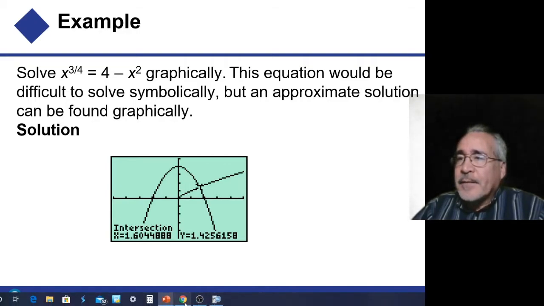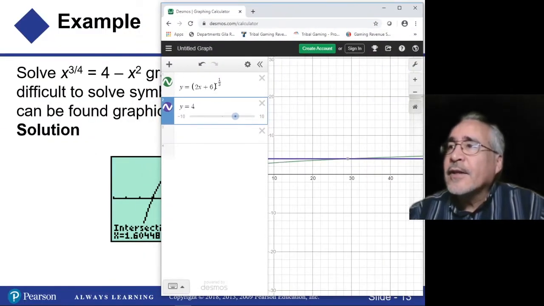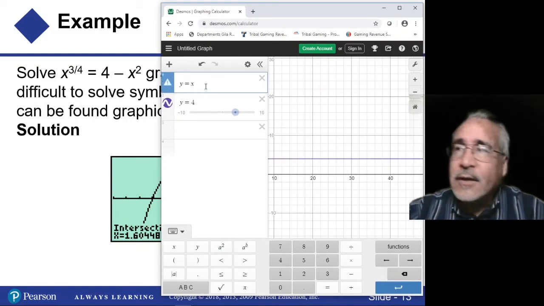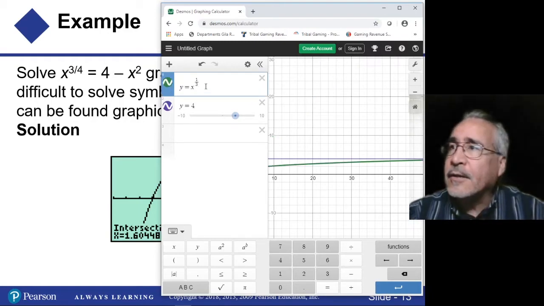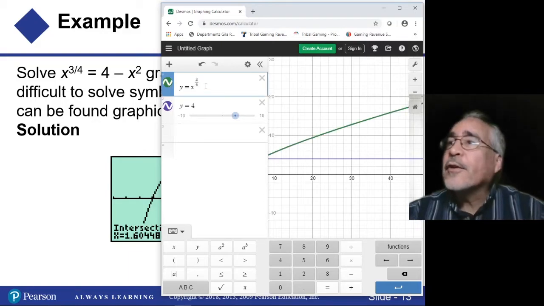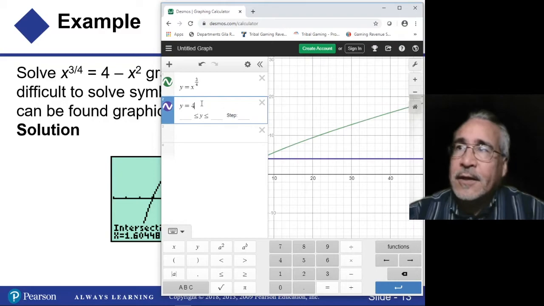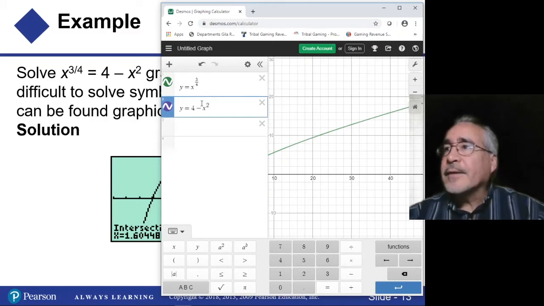We'll show you, again, decimals, really nice. We'll just do x raised to the 3 divided by 4 power. Okay, and then the other one is 4 minus x squared.